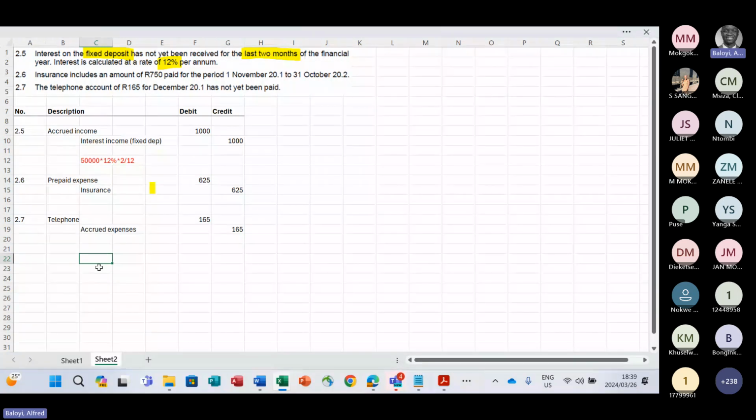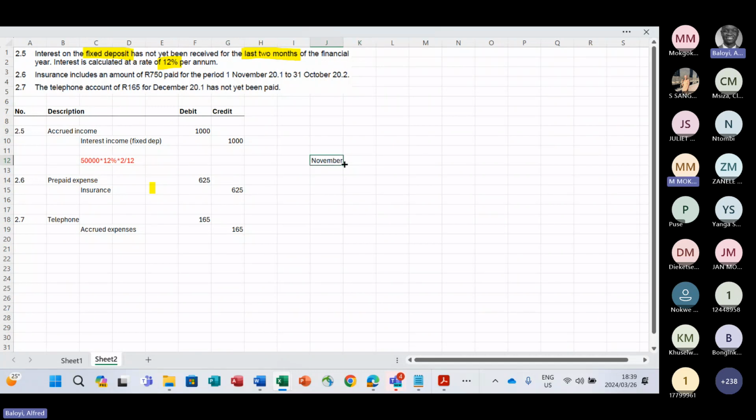So basically, we have to account for the 20.1 financial year, right? So what happened is that the insurance, the 750, includes an amount up to 31 October 20.2. So what I can do here, let me just show you quickly.